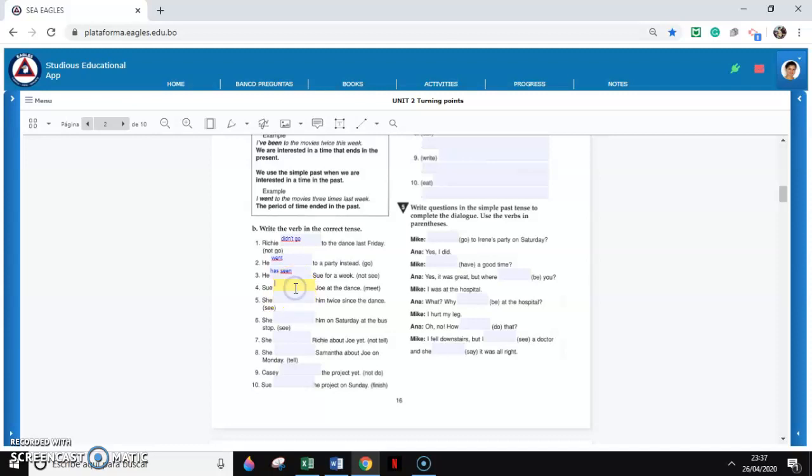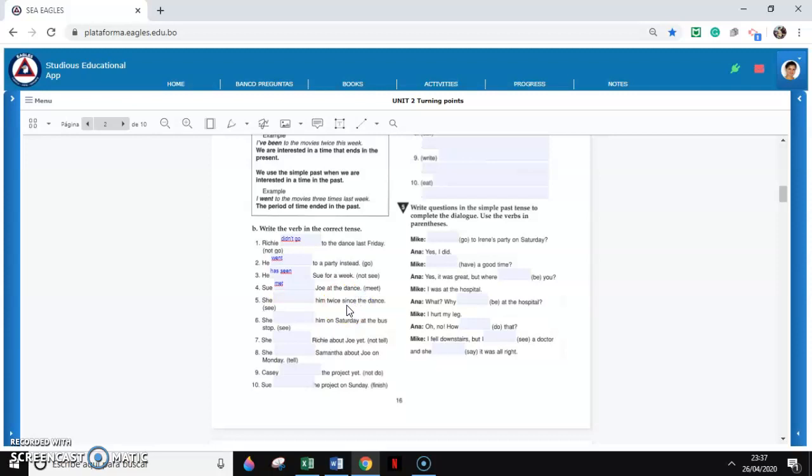Number 4, Sue Joe at the dance. At the dance? So it's telling me that the action is finished. So Sue met Joe at the dance. Number 5, she him twice since the dance. So here we have another time phrase.